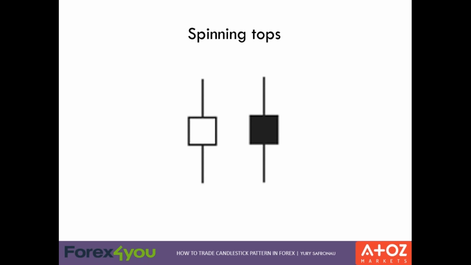The small real body, whether hollow or filled, shows little movement from open to close, and the shadows indicate that both bulls and bears were active during the session. Even though the session opened and closed with little change, prices moved significantly higher and lower in the meantime. Neither buyers nor sellers could gain the upper hand, and the result is a standoff.